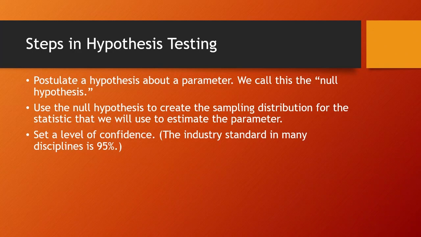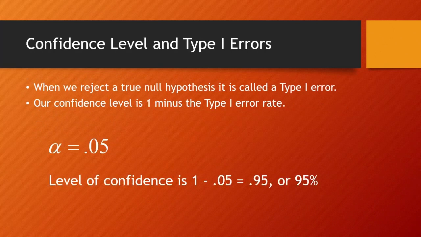Now let's talk about how confidence relates to errors. When we reject a true null hypothesis, it is called a type 1 error. We're in the process right now of testing a null hypothesis that the mean parameter is 150. At the end of our study, we may decide to reject that, to say our guess is wrong.